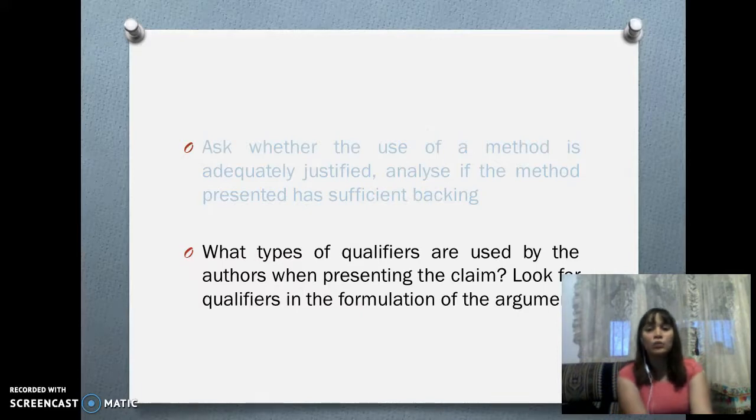Also analyze whether the method presents sufficient backing. What types of qualifiers are used by the authors when proceeding in a claim? Look for qualifiers in the formulation of the argument.